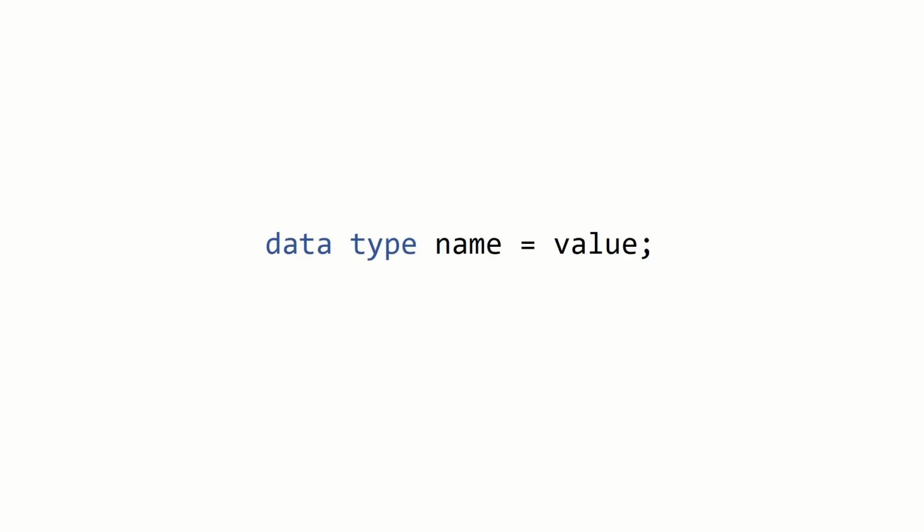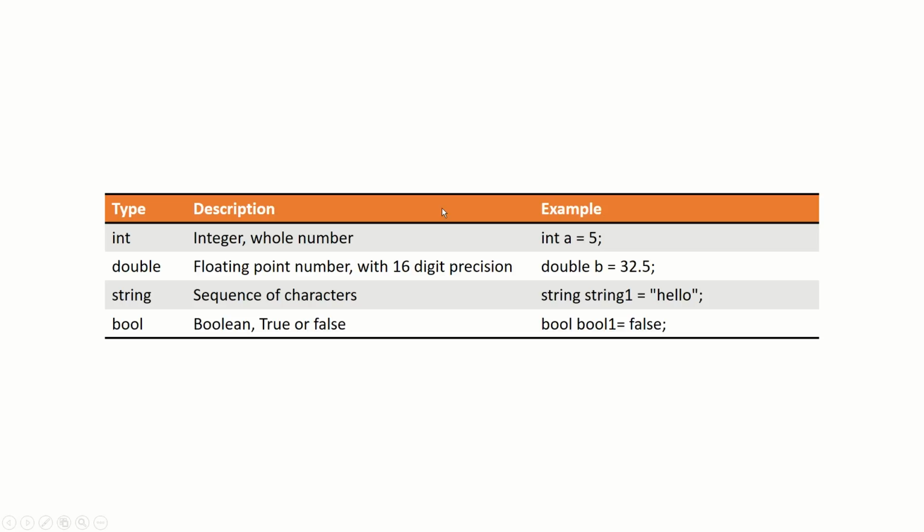Now it looks like this. So it has a data type, a name, and a value. So what is this data type thing? Well, there are different kinds of data types. So for example, integers that are written int, which are whole numbers. So for example, 5 or 6 or -10 or 335.